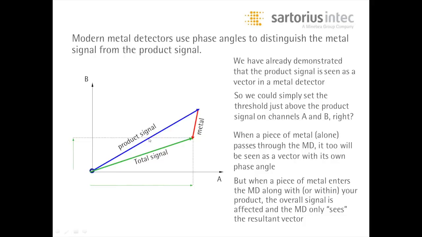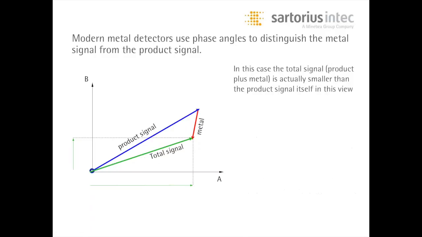So even though you have the product and you have the metal inside the metal detector passing through, at this point, the total signal is the only thing that the metal detector can see. So in this case, the total signal, the product plus metal, is actually smaller than the product signal if we don't make any changes.